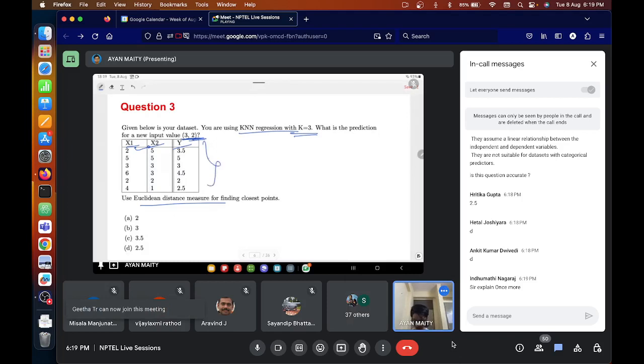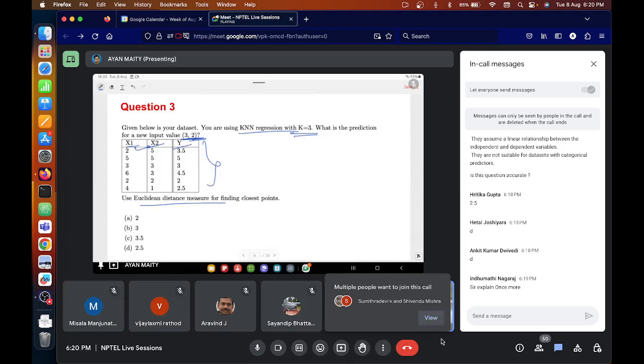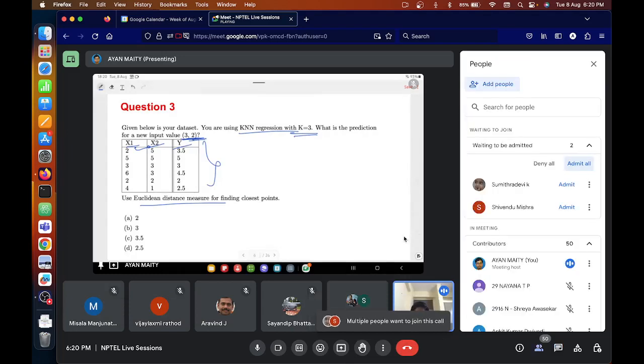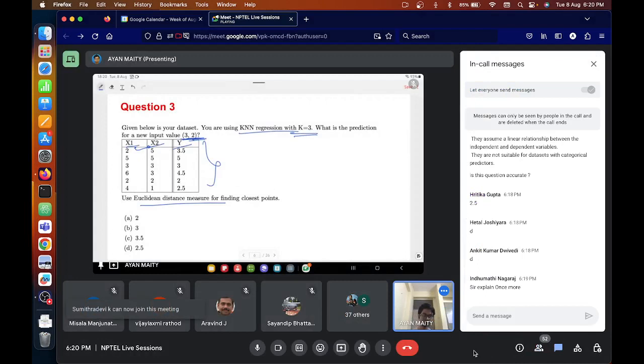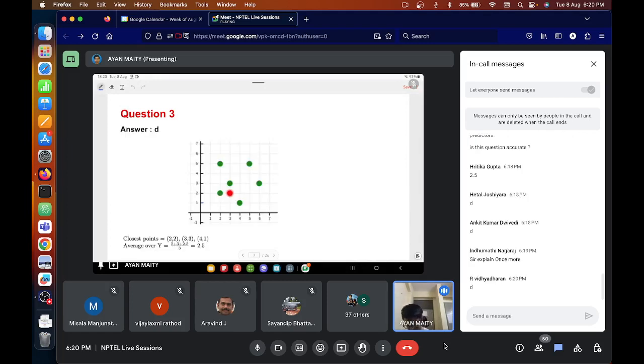This is the whole dataset, and you have to take the average of the y values of those 3 points, and that would be the y value for the new input point 3 comma 2. So the correct answer here is option D.